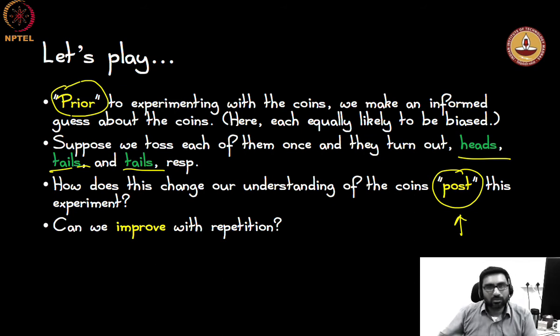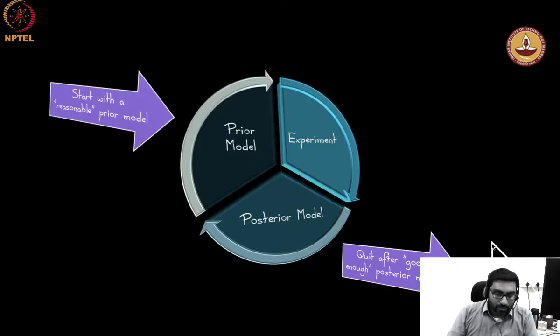And how do we do that? We just simply repeat the experiment a few times. Here's a pictorial representation of how we can do that. We start with a reasonable prior model. We conduct an experiment, and based on the outcome of the experiment, we develop a posterior model. But now this posterior model is an improvement over the initial prior model. So we convert that posterior into our prior, and conduct the experiment again.